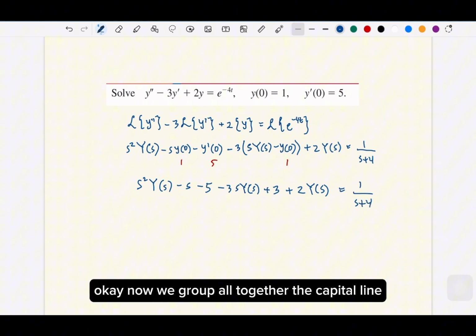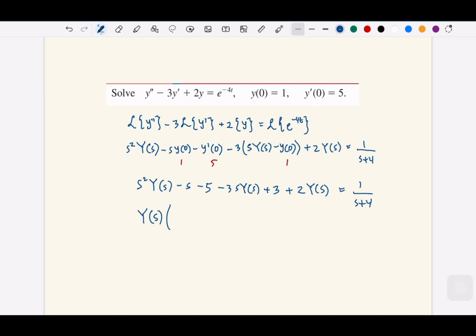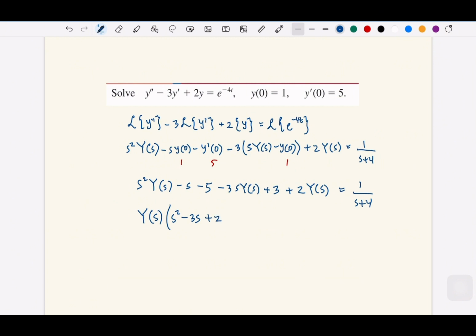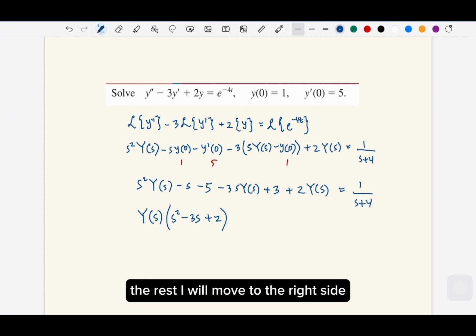Okay, now we group all the capital Y together. This will be s squared minus 3s plus 2. And then the rest I will move to the right side. So this will be s, and minus 5 plus 3 is minus 2.